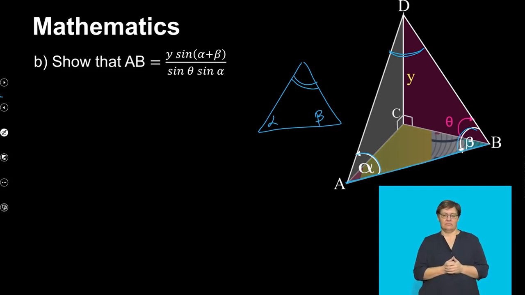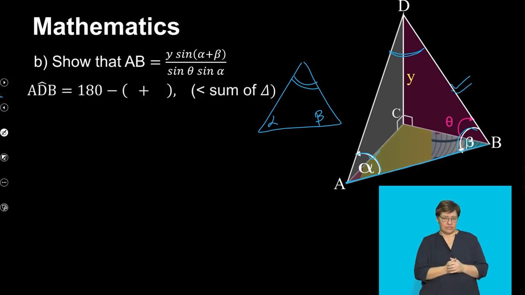We're going to use angles of a triangle to find that one. So let's begin there. And remember, when we're using the sine rule, we already have this side, and we have a version of DB, which we found in the previous slide. So first we're going to find ADB, and ADB is going to equal 180 minus alpha plus beta.